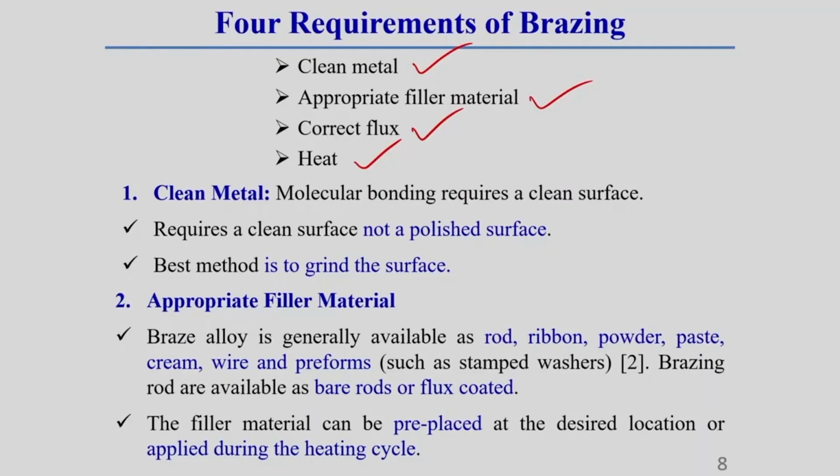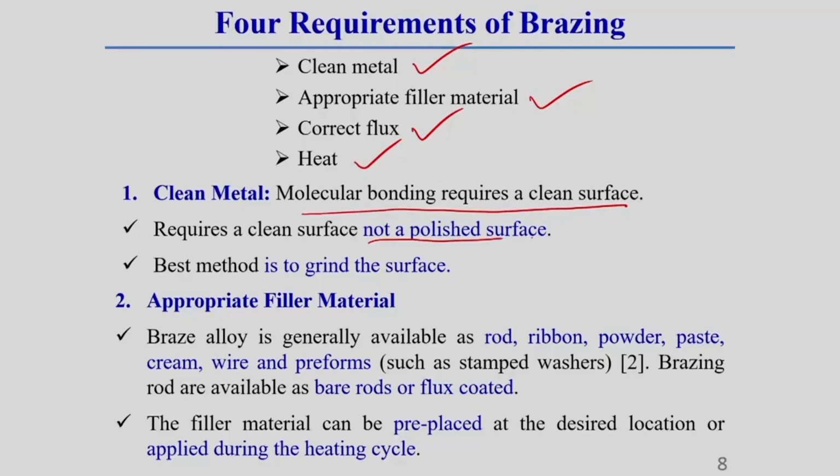So, the first one is cleaning the metals to be joined. We know molecular bonding requires a clean surface, correct. Whenever molecular diffusion and other processes occur to join two substances, the surface has to be clean enough, as I have already discussed in the earlier slide. There should not be any impurity or oxide layer.